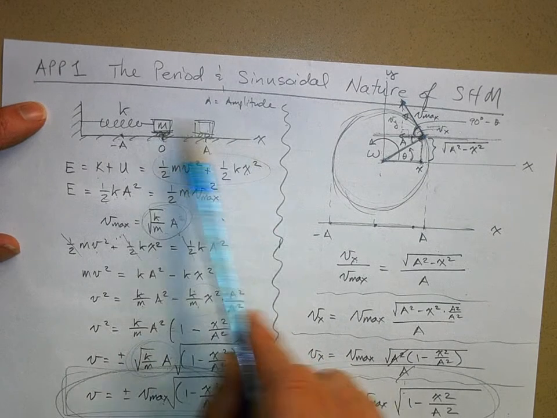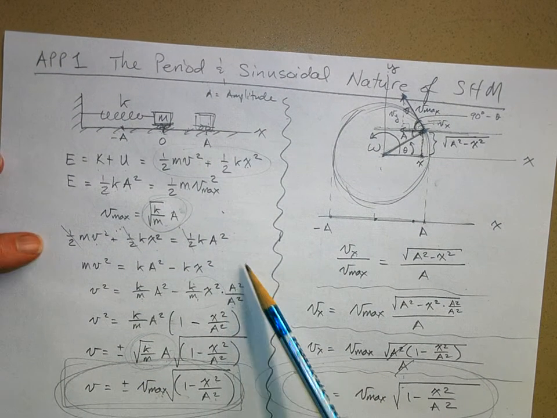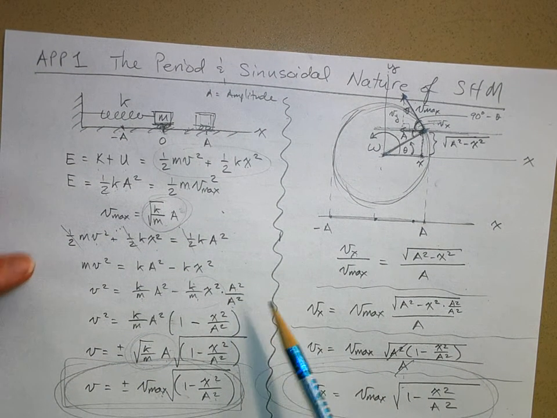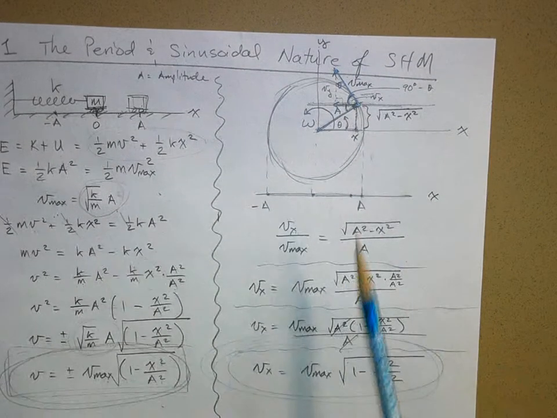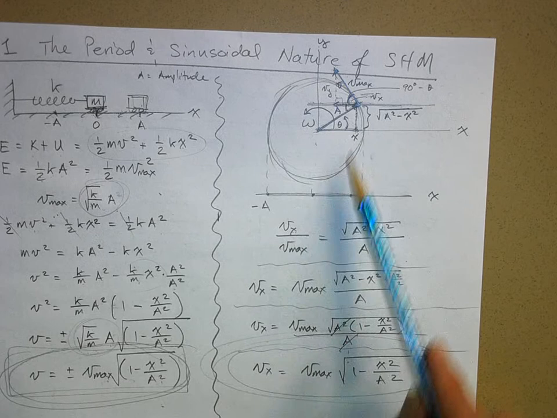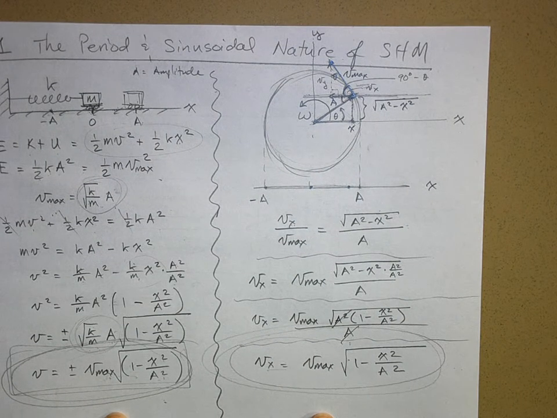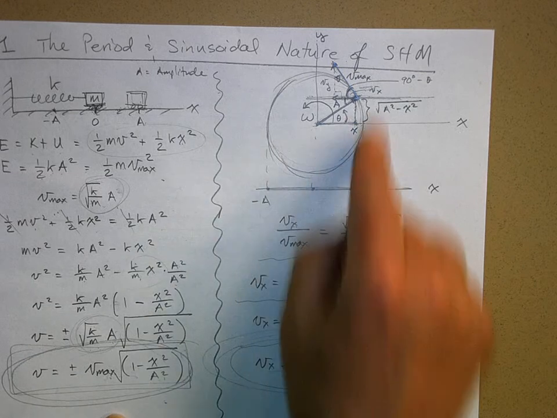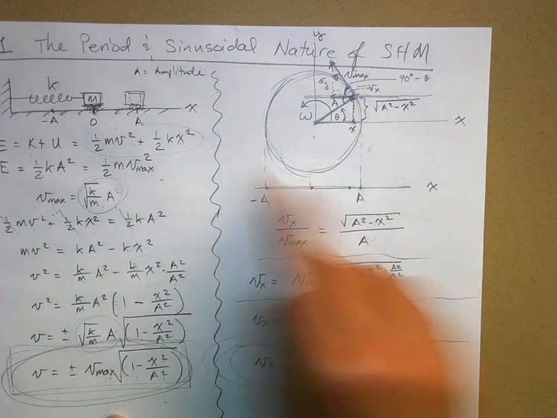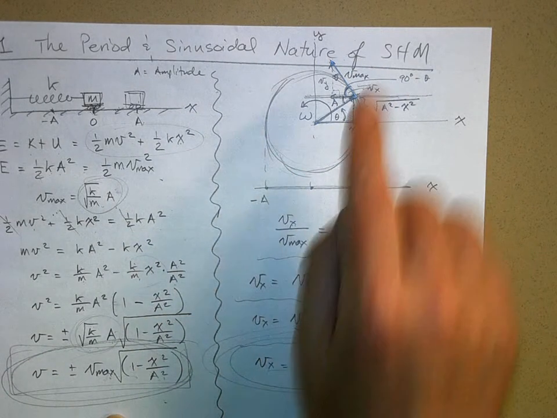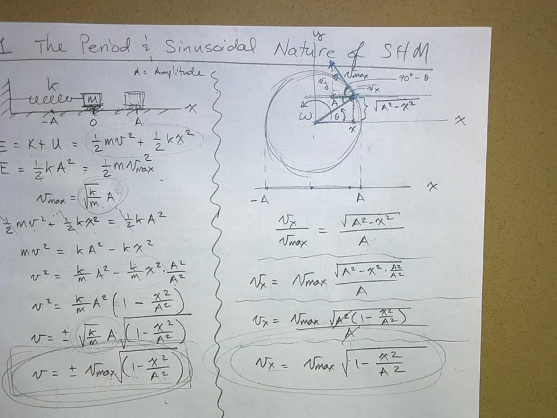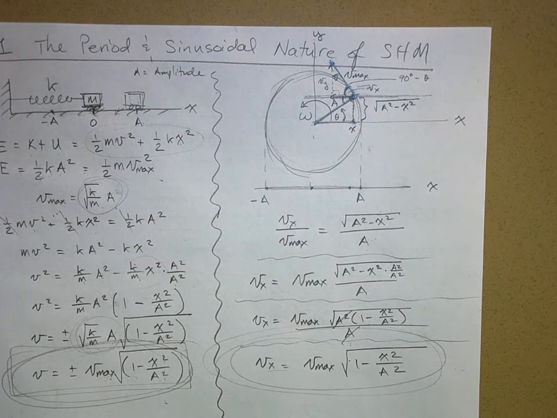This I developed from conservation of energy, and I got this equation. This I got from little geometry things, but they're the same thing. And what it means is that the mathematics of rotating motion up here can be used to describe simple harmonic motion over here.